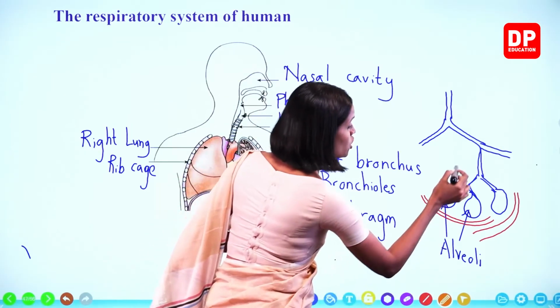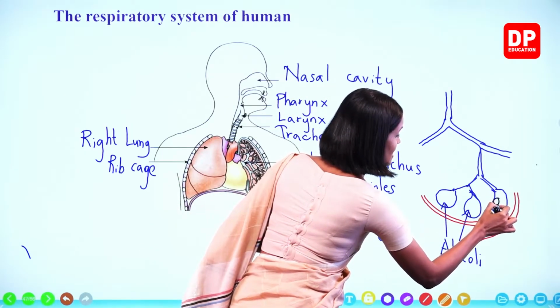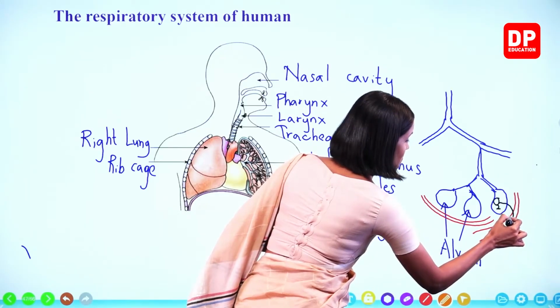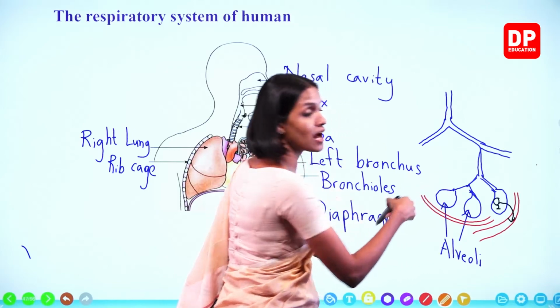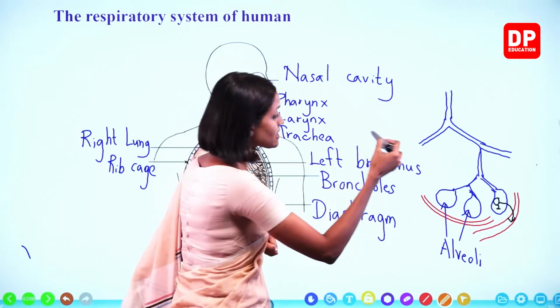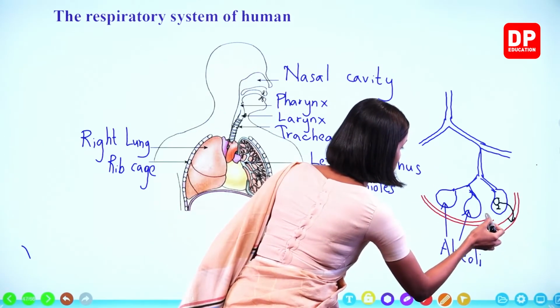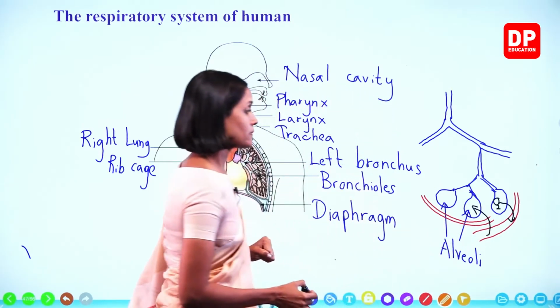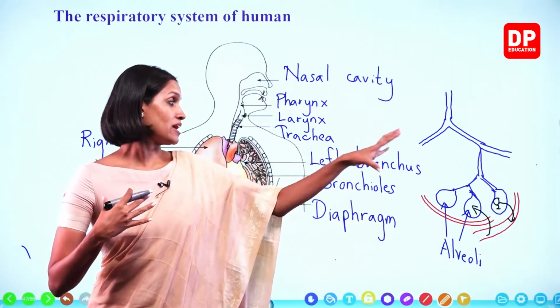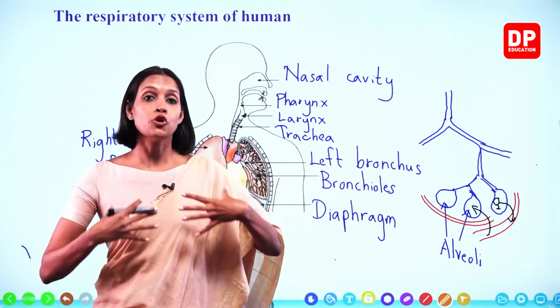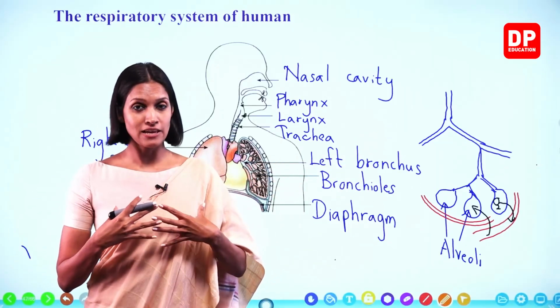Tiny blood vessels are surrounding these alveoli. Then what happens? Oxygen present in the inhaled air is given to the blood vessels. At the same time, the blood vessels contain carbon dioxide gas. The carbon dioxide is given to the alveoli. So when you inhale, your lungs or the alveoli get filled with oxygen-containing air.